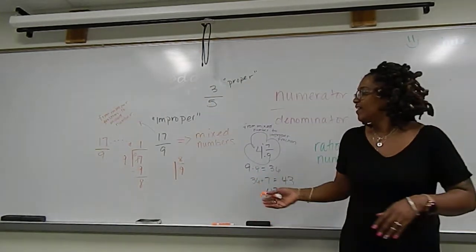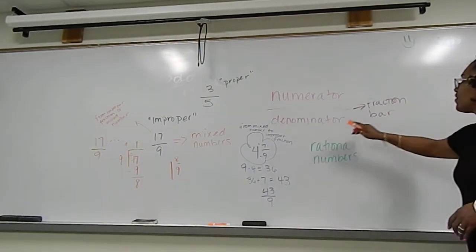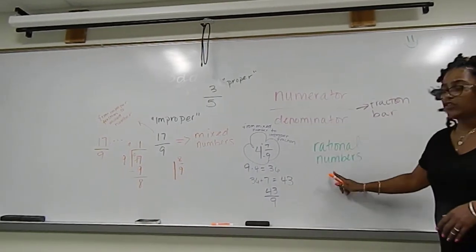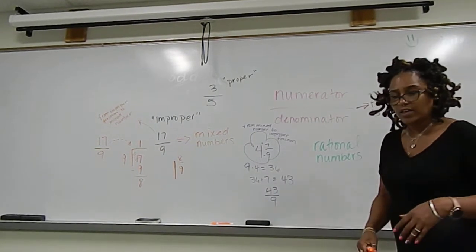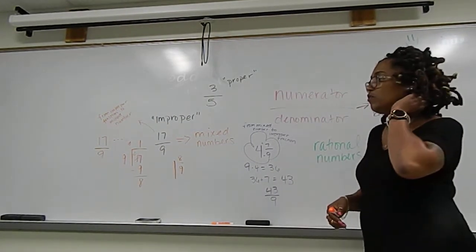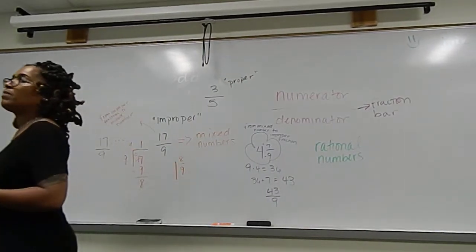So, again, we have our numerator, denominator, fraction bar. Fractions are also called rational numbers. You can make a ratio. You know when you're saying, oh, 3 out of 5 guys say this, or 10 out of 15 people say that.